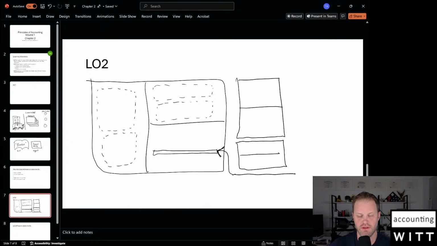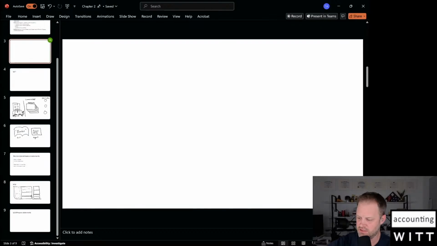Well, in order to talk to a bank, he's told that the bank is going to want to see financial statements, or I need to see your financials. So how can we drive this point home? That's setting the context here.